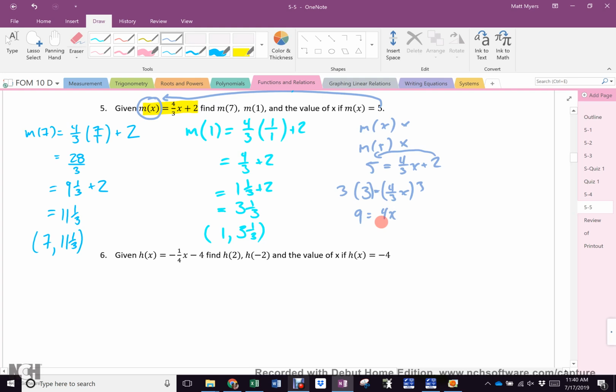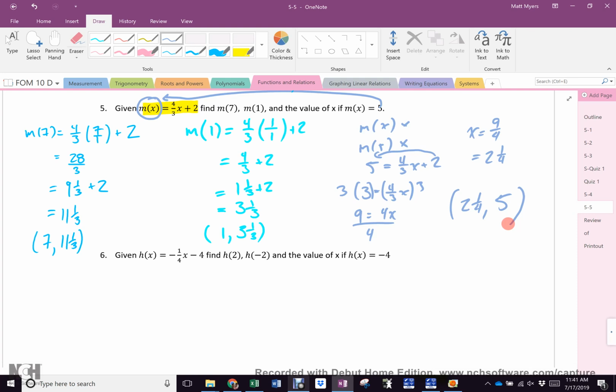Now what? Divide by 4. And x equals 9/4, which is also 2 1/4. What is the point that will go on the graph? 2 1/4, and 5. Does everybody feel they can do this algebraically?